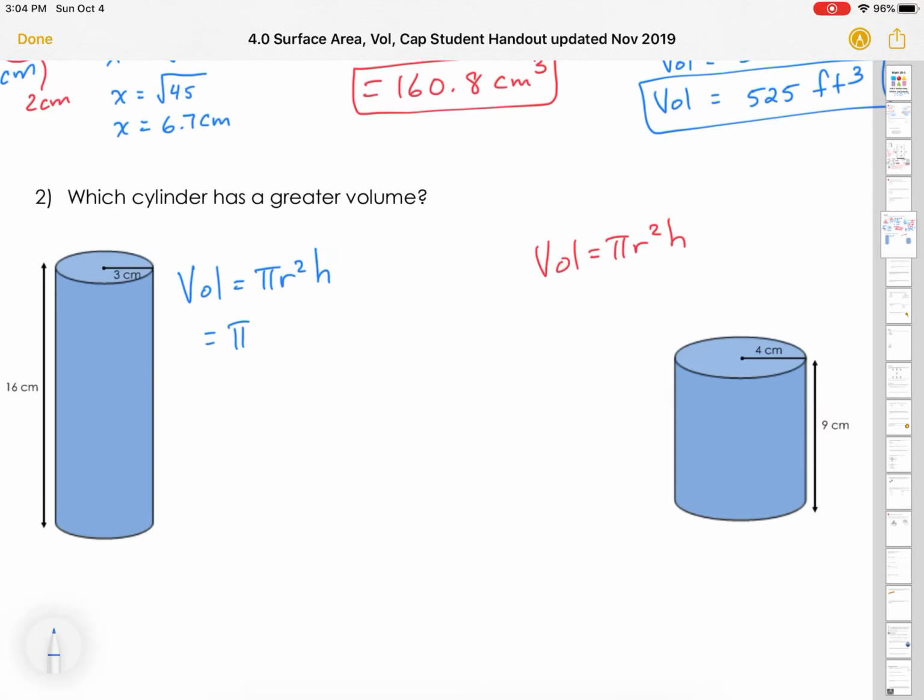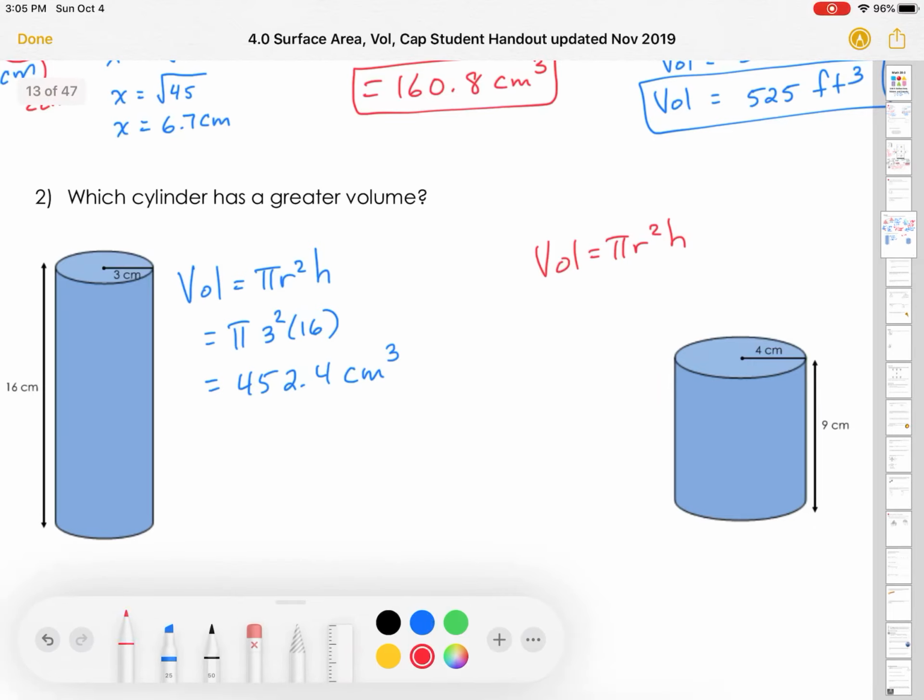So, this is equal to pi times 3 squared times 16, and when we do that, second function, pi times 3 squared times 16, and I get 452.4, and it's centimeters cubed.